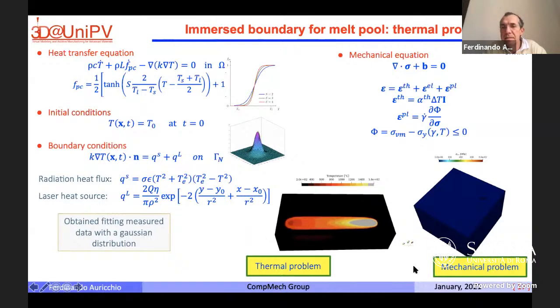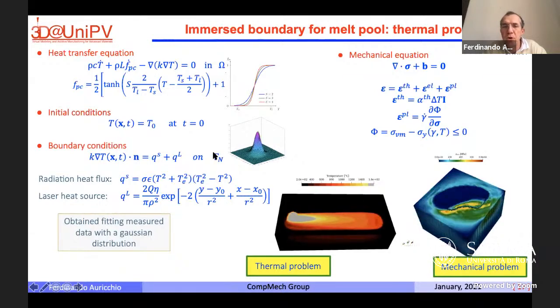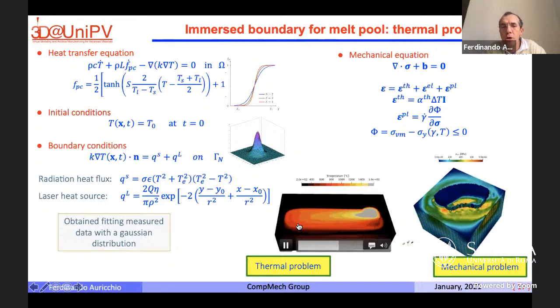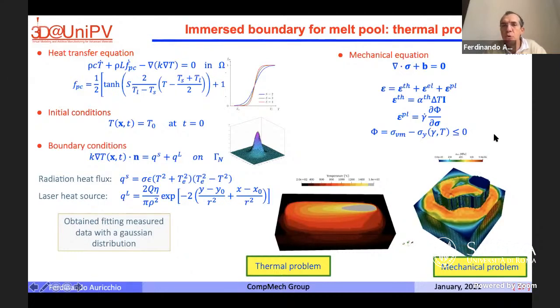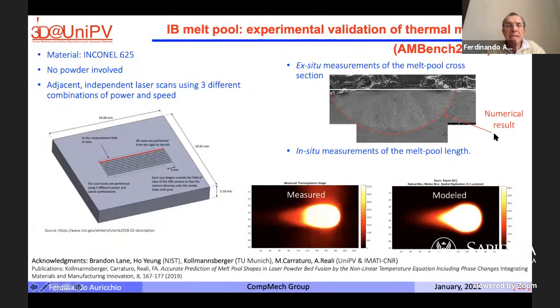And that's the simulation that we are able to perform. You can see nice colors for the thermal part, which then feed results into the mechanical simulations. Since the model is very simple, there is always a question of how reliable and how effective your model is.